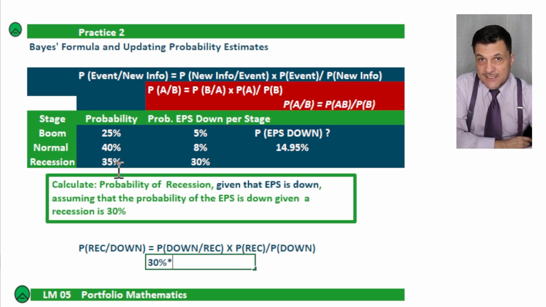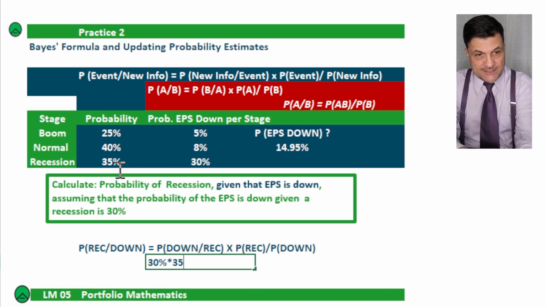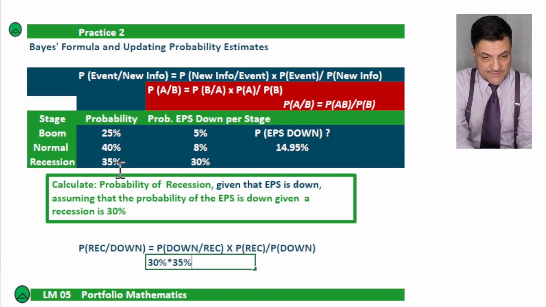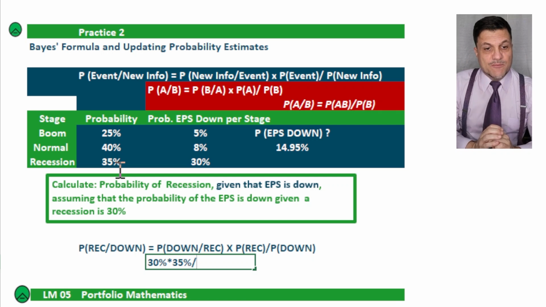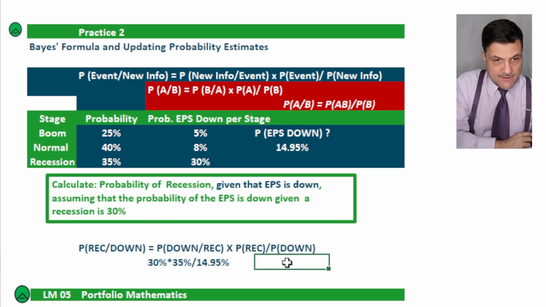Be careful: 30% is the probability of the earnings per share going down given a recession. 35% is the probability of recession, divided by the probability of the earnings per share going down overall, which is my 14.95%. Okay, there you go.